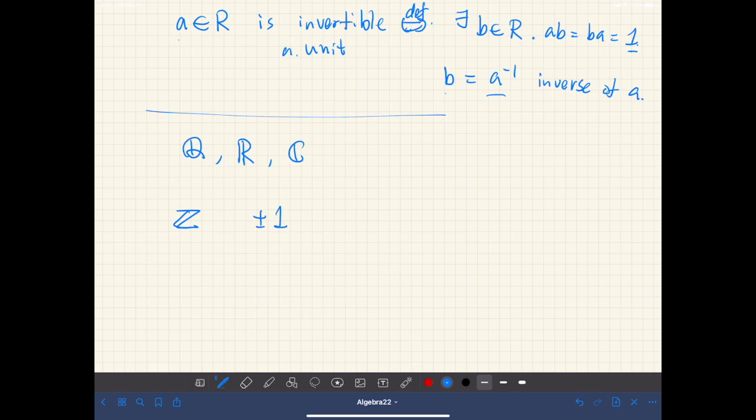Other elements do not have any multiplicative inverse. Because, for example, for 2, if there is any element B such that 2 times B is equal to 1, then B must be equal to 1/2. But this is not in this set. So 2 is not invertible in the set of integers.